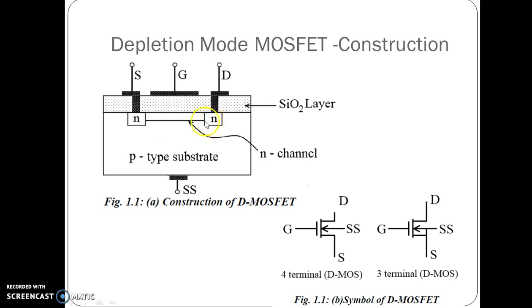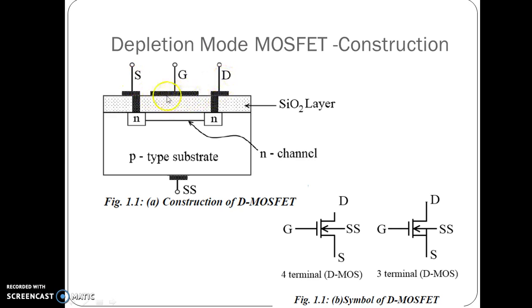So this is the channel between the source terminal and drain terminal. Over this, the SiO2 layer, which acts as an insulating layer between the gate terminal and the substrate and channel, is formed. Aluminum contacts are taken out from these two N regions to form the source and the drain terminal.